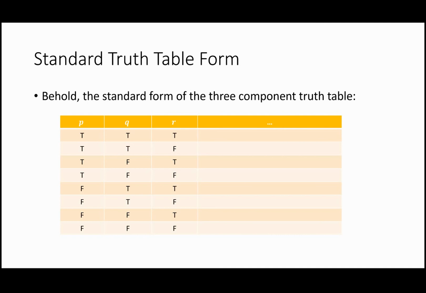Why do we do it this way? Well, we have to have a systematic way to initialize our truth table such that we're all starting from the same position, right?